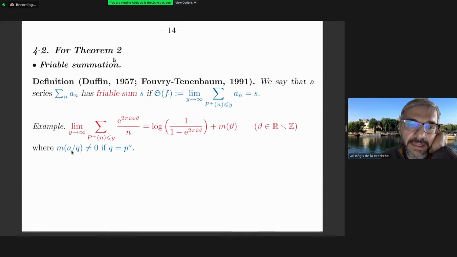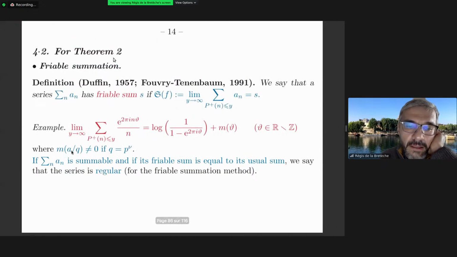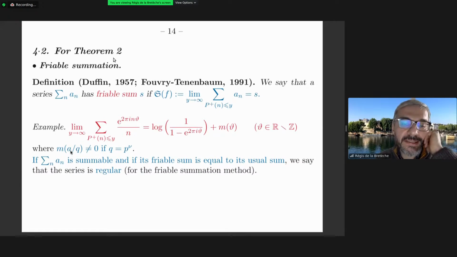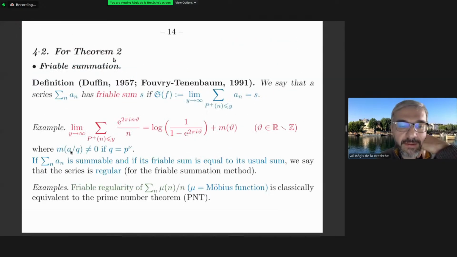So it's a very nice result. If the series is summable in the usual sense, and if the variable sum is equal to its usual sum, we say that the series is regular for the variable summation method.